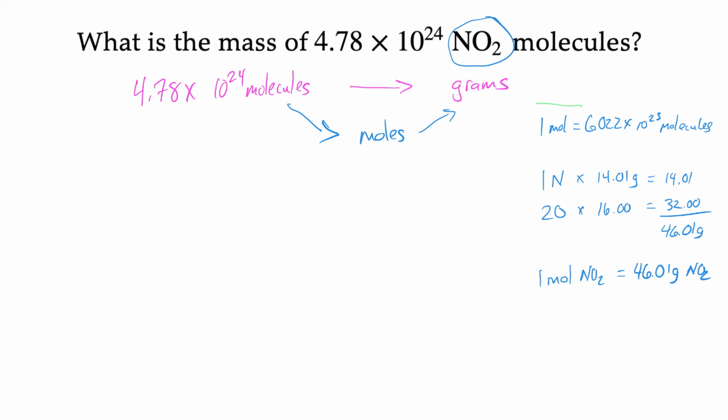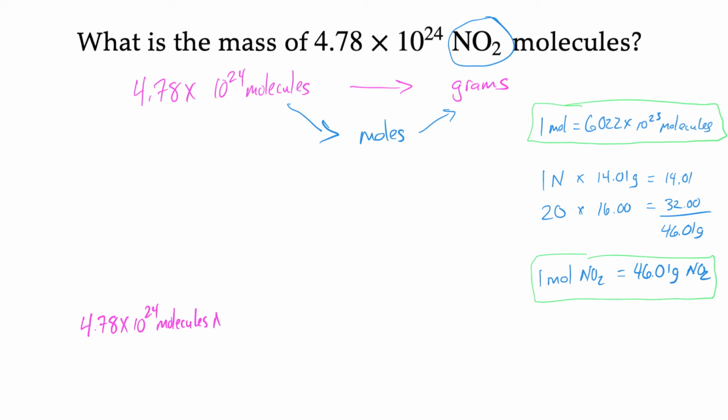And so I'm going to use the relationship with Avogadro's number in one step, and in the second step, I'm going to use the molar mass to make this conversion. So when I set this problem up, 4.78 times 10 to the 24th molecules of NO2, I'm going to make 2 blanks, one for Avogadro's number and one for the molar mass conversion factors.